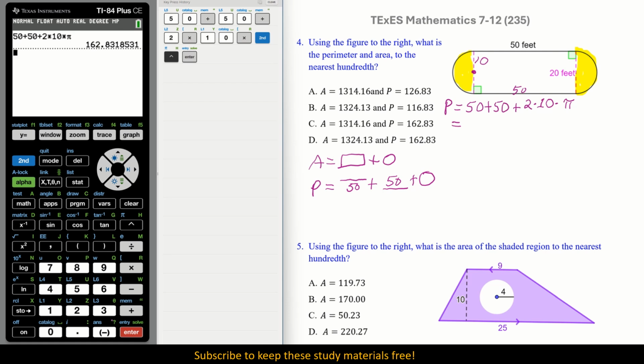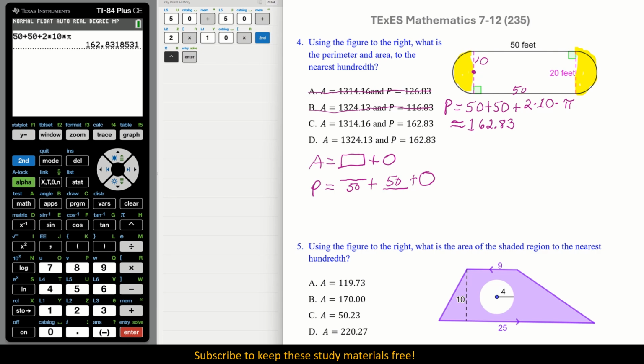I can see that A has the 2 and 6 transposed, so we don't want to do that. And B is completely wrong perimeter. That leaves us with C and D. Okay, so we have roughly 162.83. Great. Okay, so let's move on.